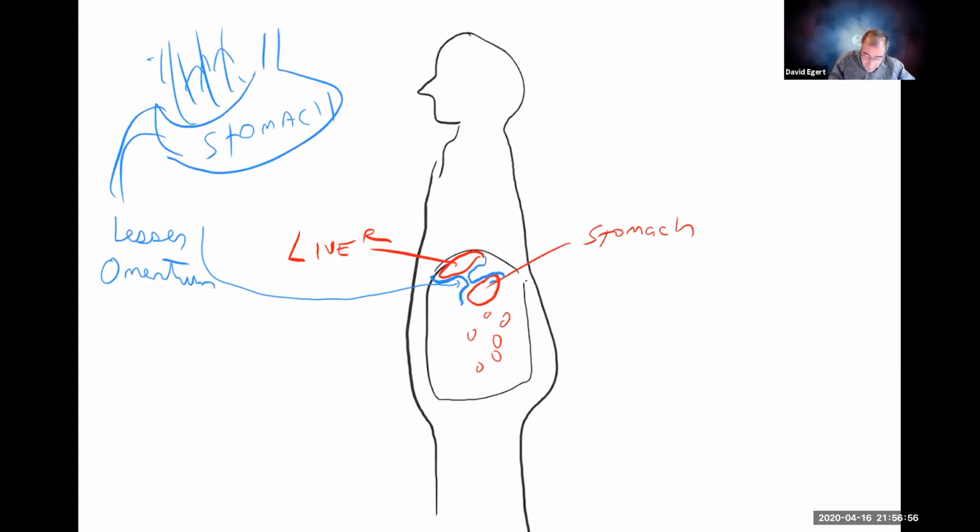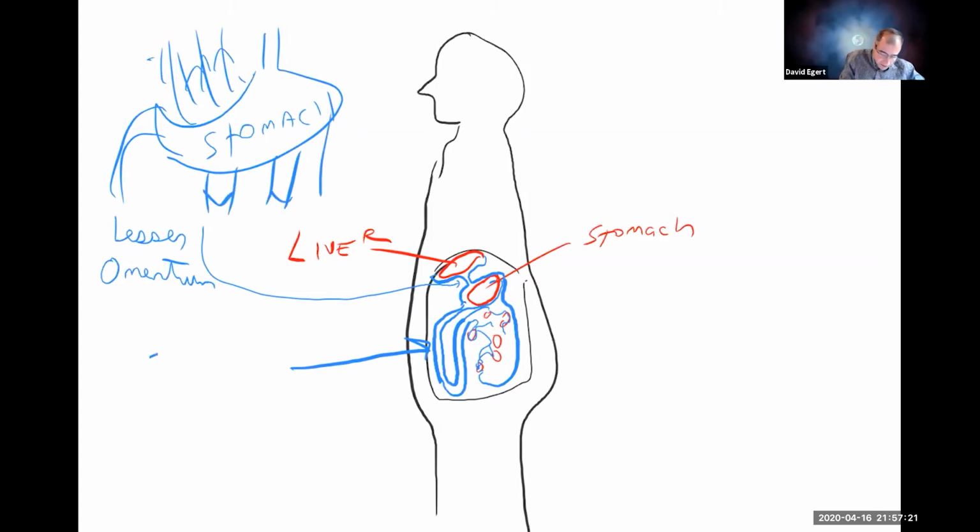And then the lower part of the stomach, it actually goes down and then comes back up. And then ends up surrounding lots of other things. This thing that goes down and up that hangs off the bottom of the stomach is called the greater omentum.